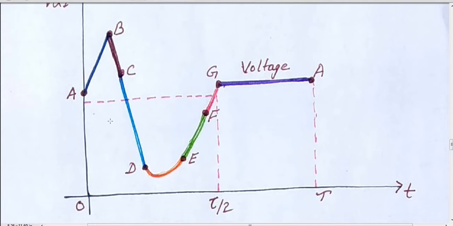Now let us discuss it. At point A, the electric field is uniform throughout the sample and its magnitude is large but less than the value required for avalanche breakdown.